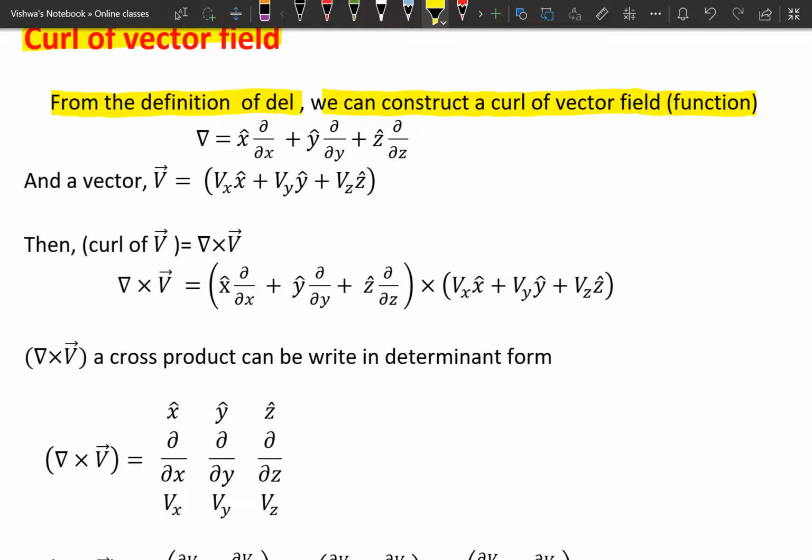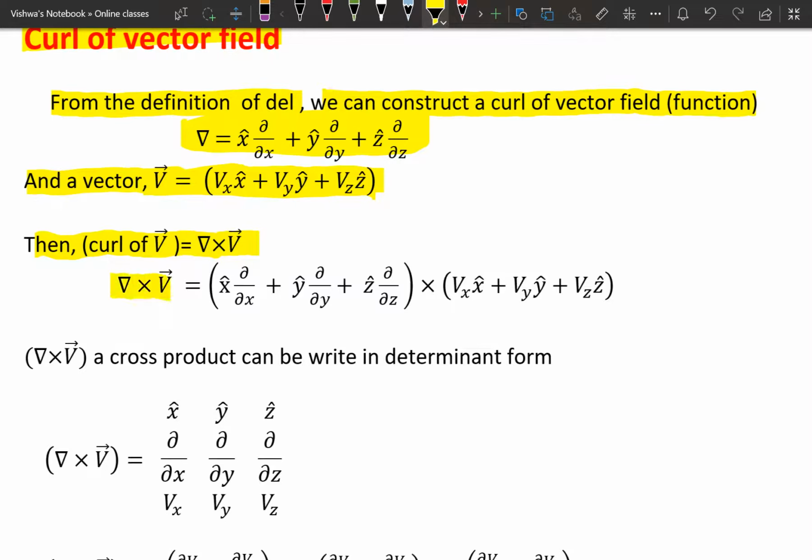So again, the del operator is given, and the vector field v is vx x cap, vy y cap, vz z cap. This is a vector field. Generally, we are considering a vector like this. Then the curl of v, that is represented by del cross v, the cross product of del operator and the vector. So that is called as curl of a vector.